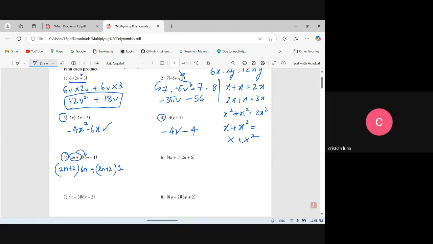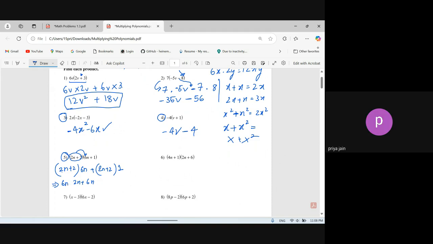Now there's an extra step. We just do whatever we used to do before. So this is going to be 6n times 2n plus 6n plus 2 times 2, my bad.